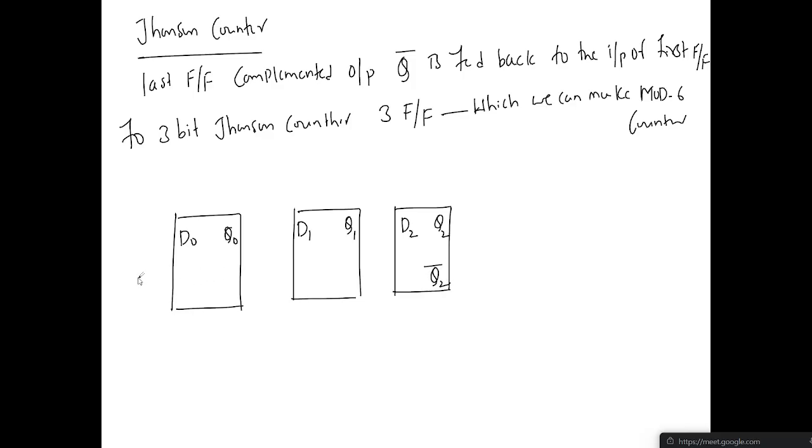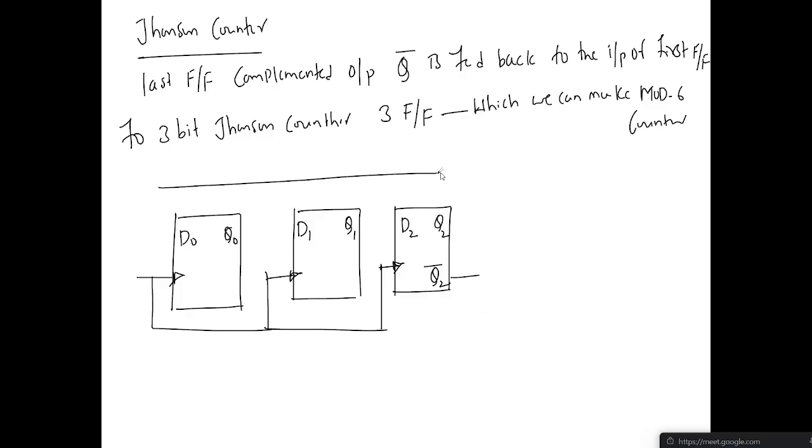A common clock is given to all the flip flops, as this is a synchronous sequential circuit. Q2 bar is fed back to D naught, Q naught is given to D1, and Q1 is connected to D2.